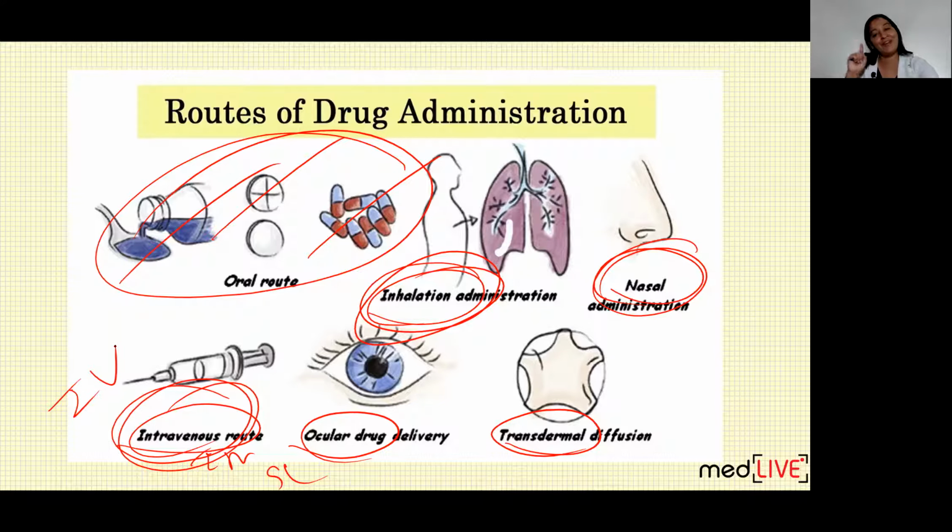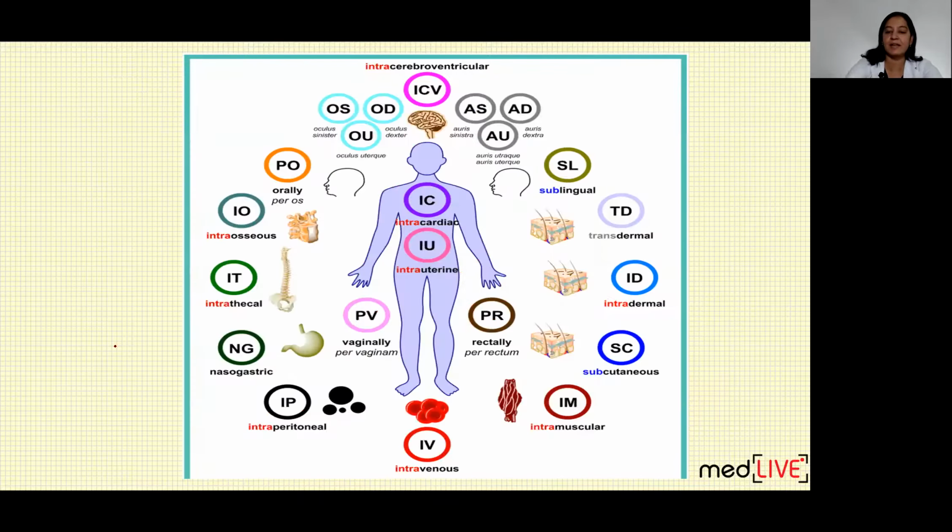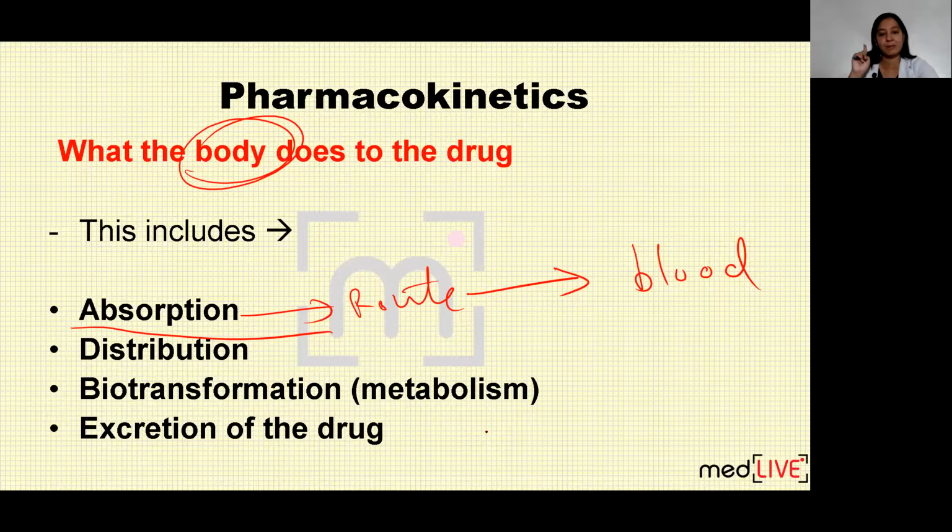In all the rest of the routes, the drug has to be absorbed from the blood capillaries of that particular organ. If I am giving any drug intramuscularly, in the gluteus muscle or the deltoid muscle, it gets absorbed from the muscle blood capillaries. So ultimately the drug is absorbed and reaches the systemic circulation. That is the first step, absorption of the drug.